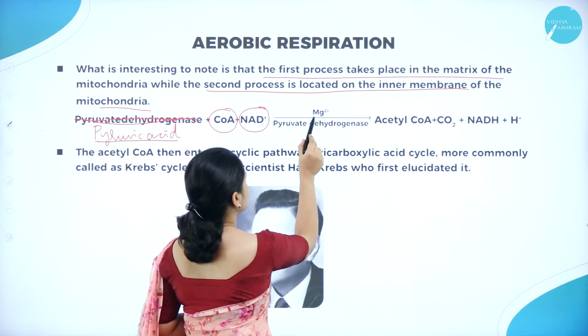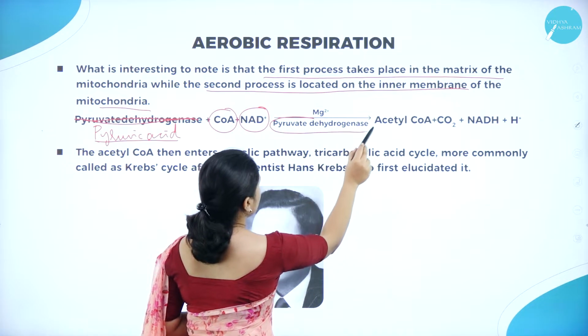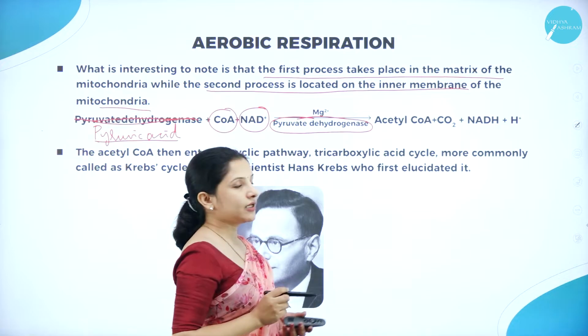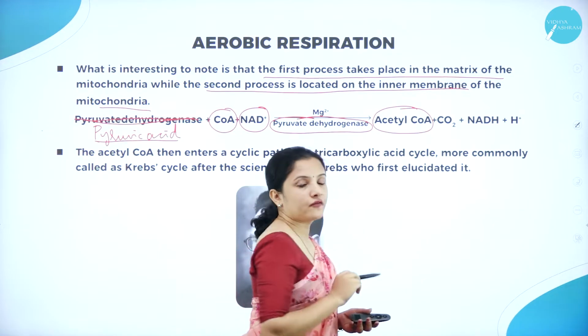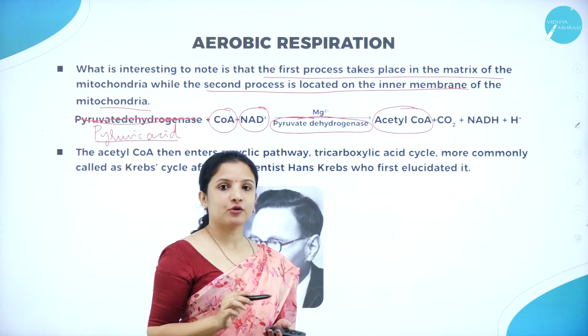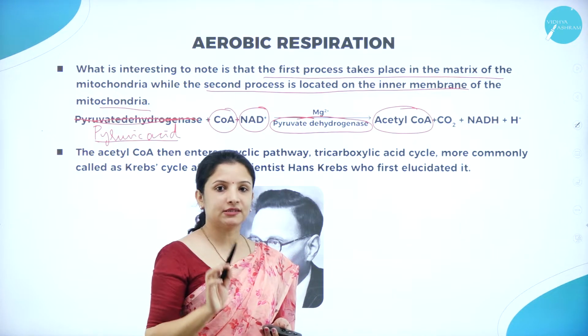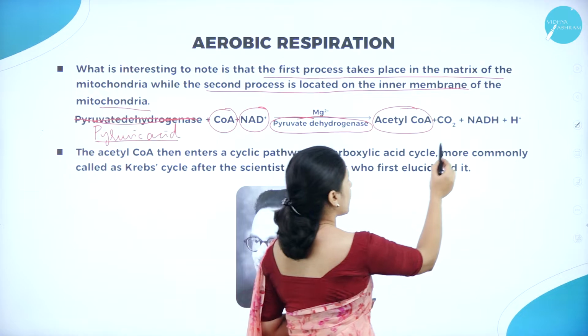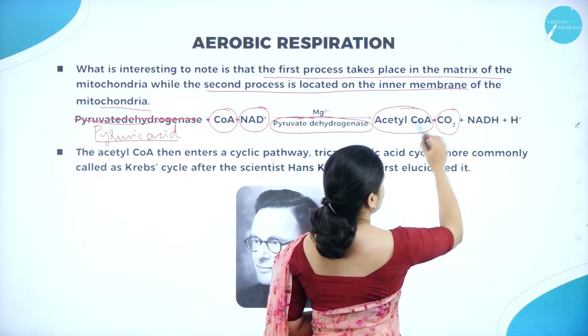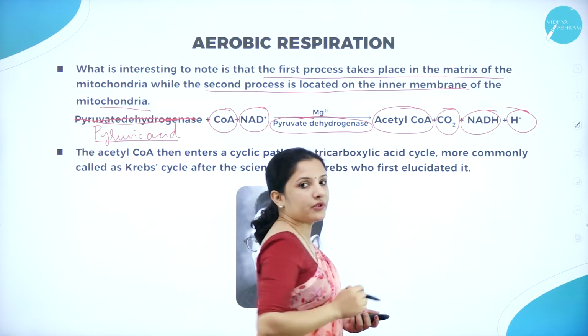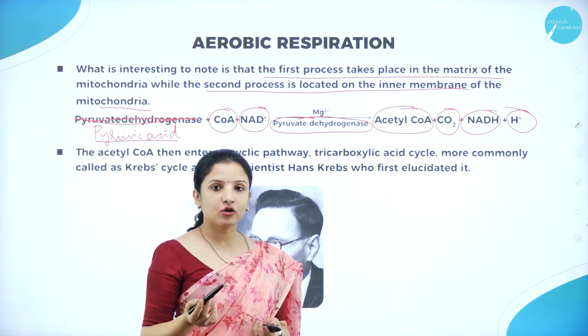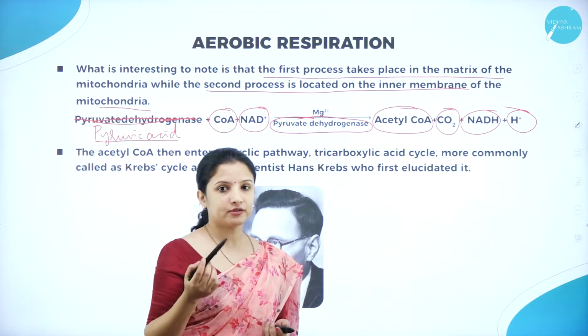That is why it makes use of an enzyme, pyruvate dehydrogenase, wherein it forms acetyl-CoA. So the end product here is that pyruvic acid gets converted into acetyl-CoA, wherein it gives out carbon dioxide, NADH, and hydrogen molecules, or protons, or hydrogen ions are being released.